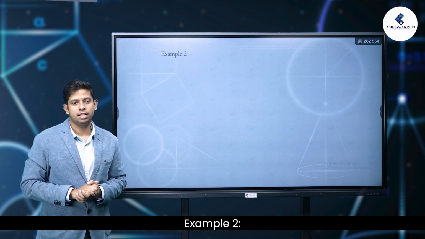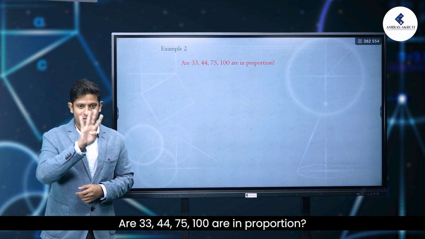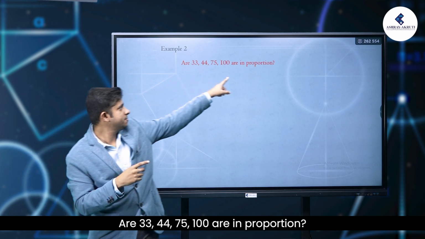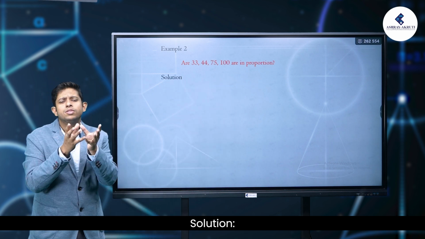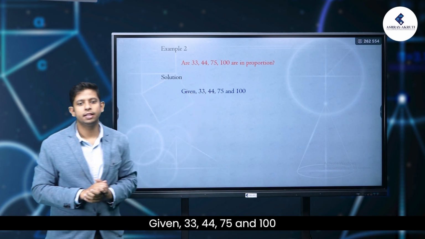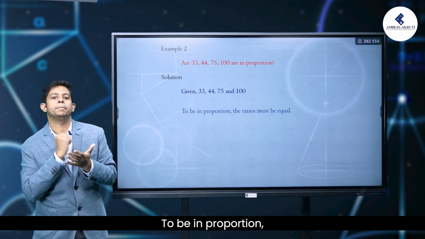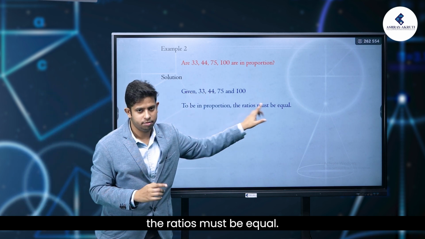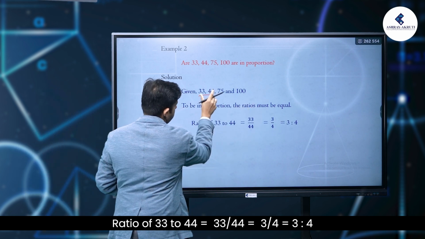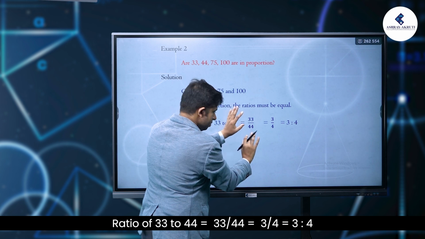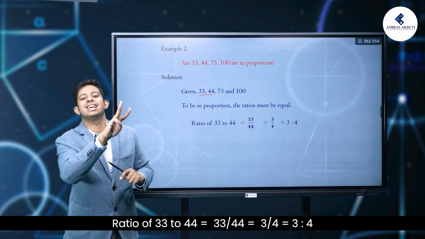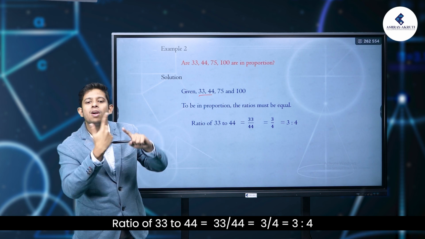Example 2. Are 33, 44, 75, 100 in proportion? Solution. Given 33, 44, 75 and 100. To be in proportion, the ratios must be equal. Ratio of 33 to 44. 33 by 44 equals 3 by 4, which is equal to 3:4.